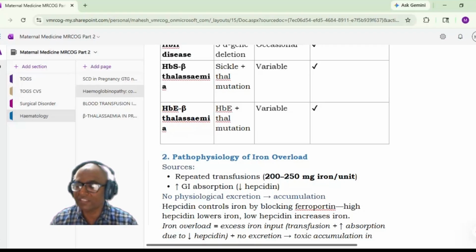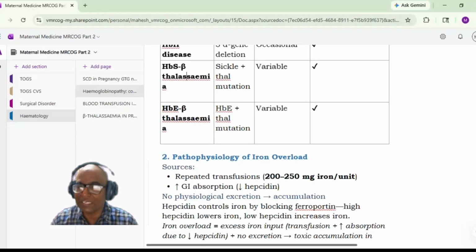Suppose you are giving two transfusions in a month to a beta thalassemia major patient, that means you are giving 500 milligrams of iron to that patient in a month. Over a period of 12 months, how much are you giving? Almost 6 grams of iron in a year.